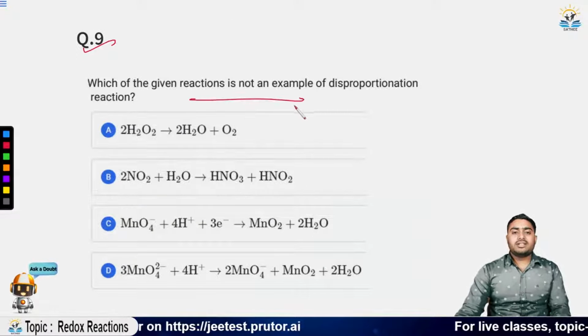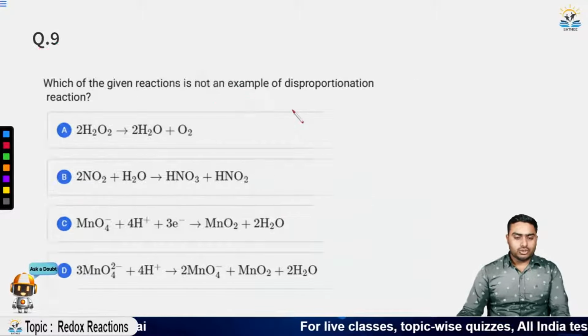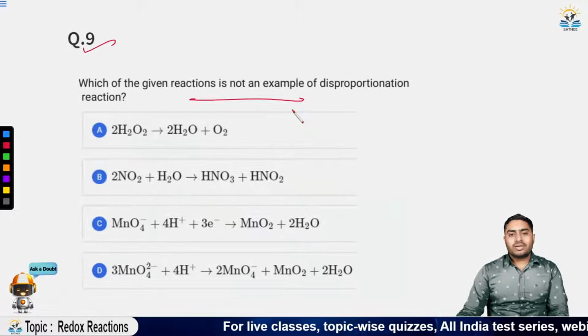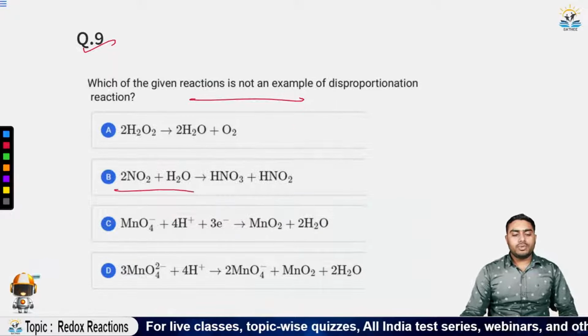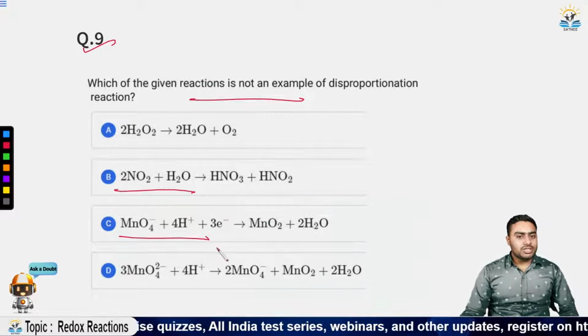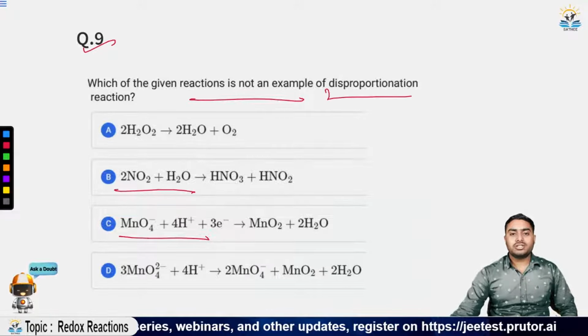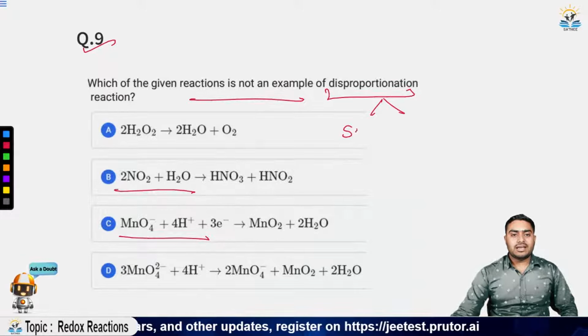Which of the given reactions is not an example of a disproportionation reaction? 2H2O2 gives 2H2O plus O2. You can try this question. 2NO2 plus H2O gives HNO3 plus HNO2. MnO4- plus 4H+ plus 3 electrons gives MnO2 plus 2H2O. Disproportionation means self oxidation and self reduction.